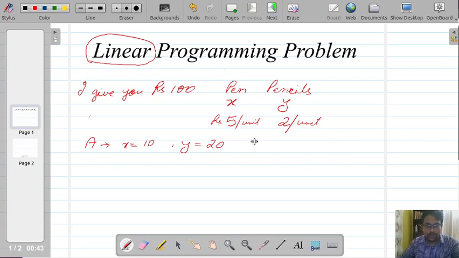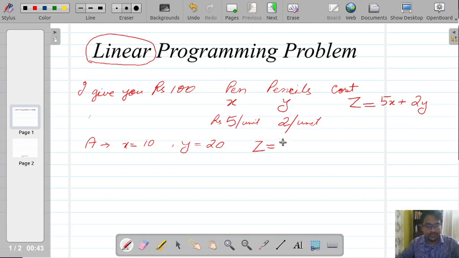The total amount of money, let us say that is Z. If you buy X pens and Y pencils, what is the total cost that you incur? The total cost will be Z equal to, it's very simple, 5X plus 2Y, because the cost of each pen is rupees 5 and the cost of each pencil is rupees 2. So the total cost incurred when you buy X pens and Y pencils is 5X plus 2Y.